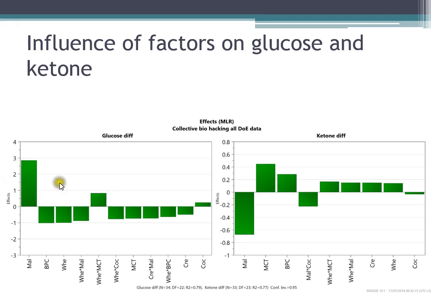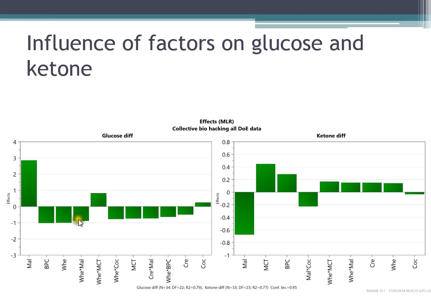If I take Bulletproof Coffee, and here it's broken out, so this is Bulletproof Coffee with butter, the Brain Octane, the MCT, is in here as a separate factor. It will decrease the glucose. Whey protein, the same. On average, it decreases glucose by 1 unit.